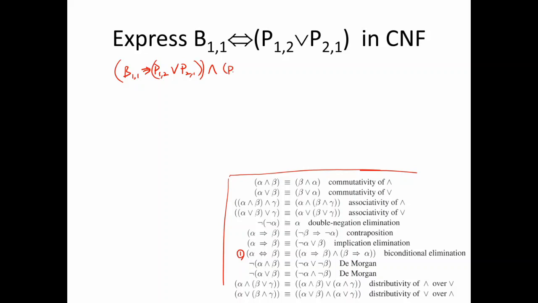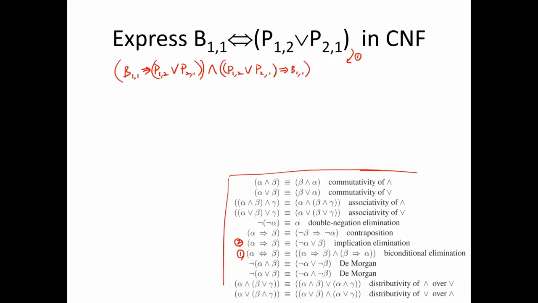P12 or P21 implies B11. And then we're going to get rid of the implication using implication elimination. So for any alpha implies beta, we just negate alpha and then OR that with beta.